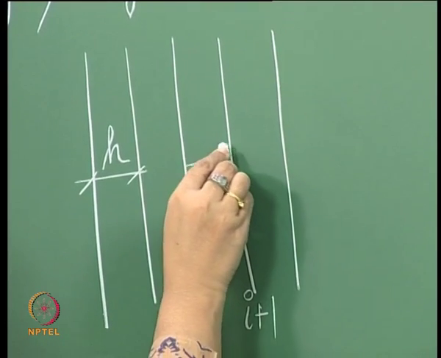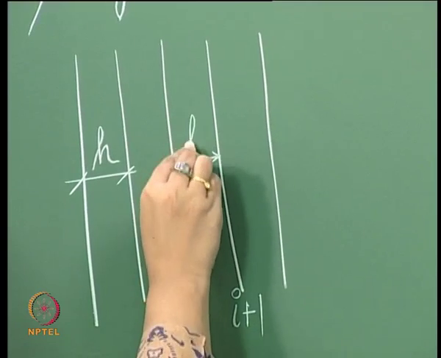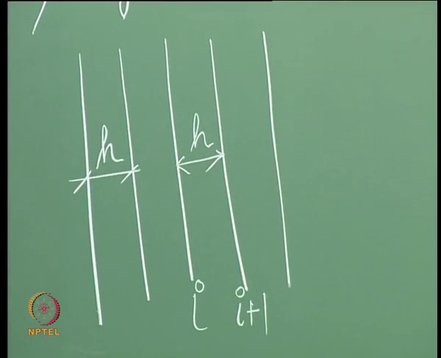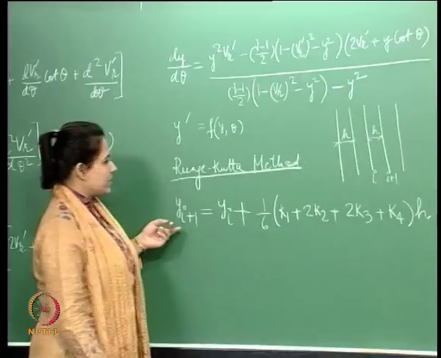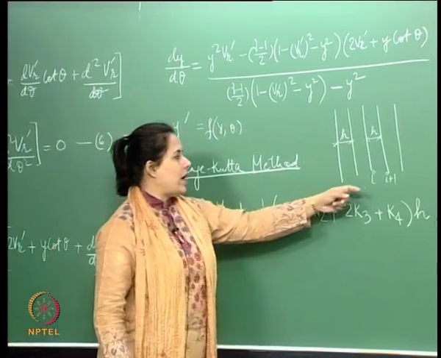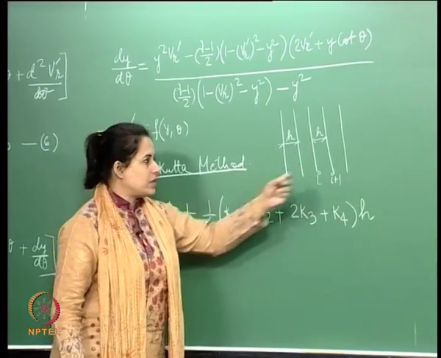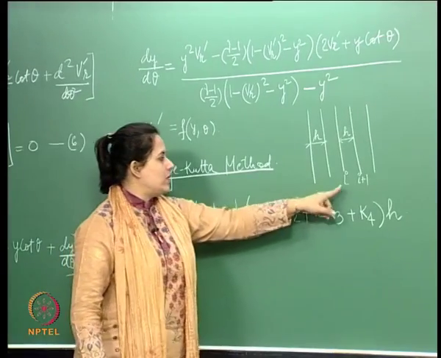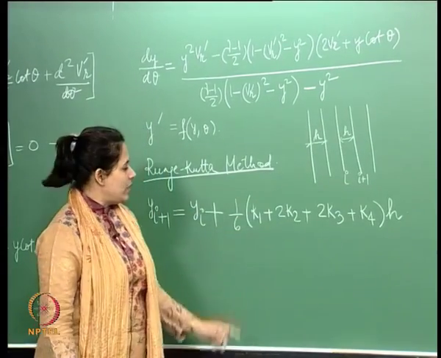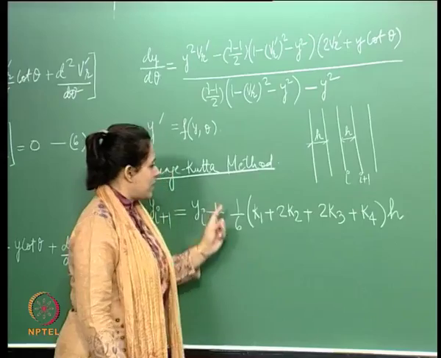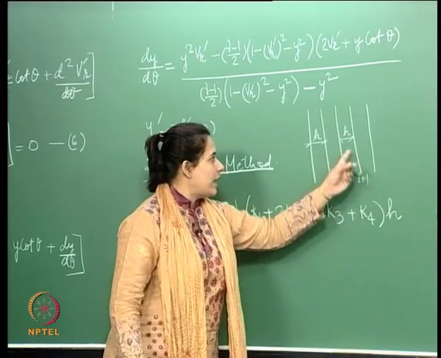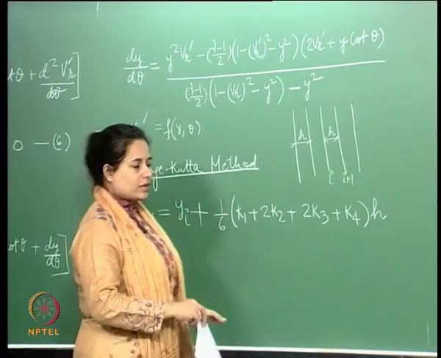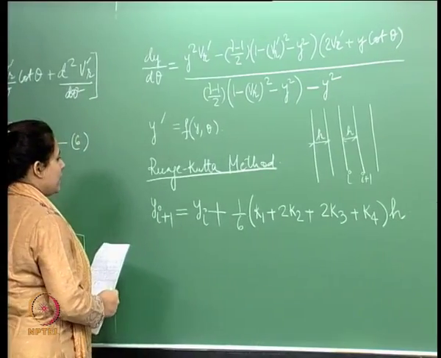So the function value at i plus 1 is equal to the function value at i plus this, and h is the discretized space length.